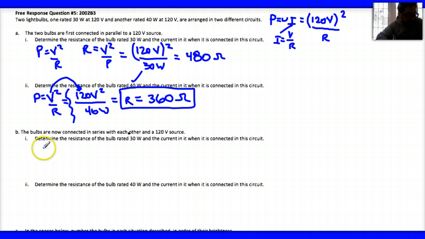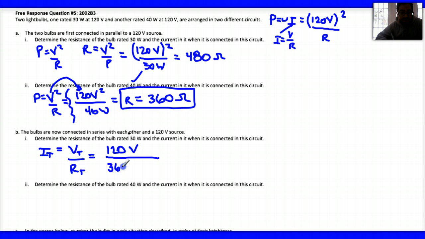Now what I'm going to do is say that the total current flowing through these resistors in series is going to be the total voltage supplied by the power supply over the total resistance. In this case, it's going to be 120 volts over the sum of the two resistances because they're in series.